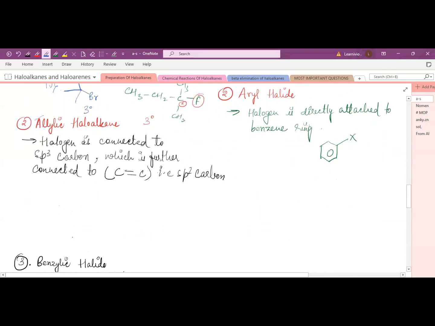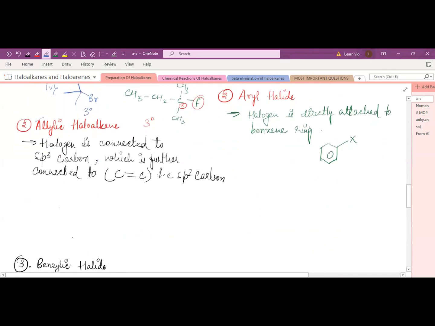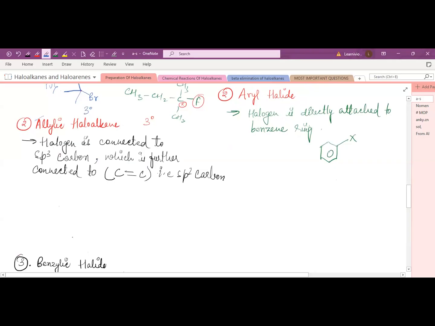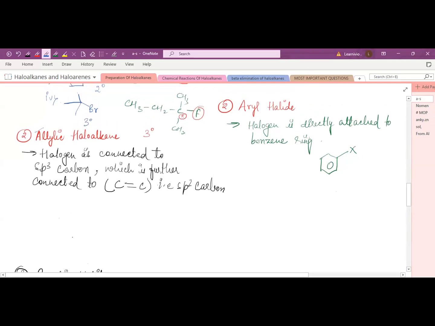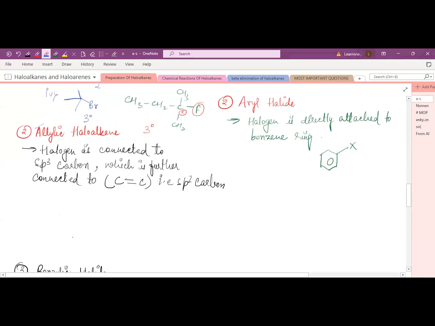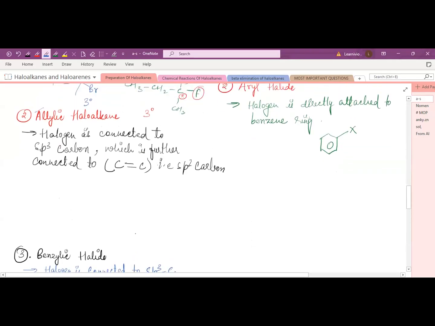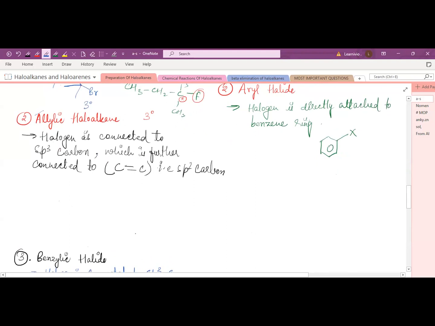Now see the second type. We are discussing the classification where the halogen group is attached directly to the sp3 hybridized carbon. The first was your alkyl halide, and the second is your allylic haloalkene, or allylic halide. So what is an allylic halide?